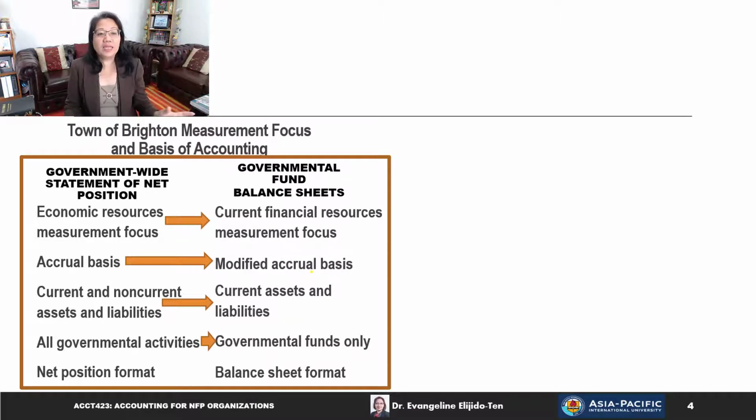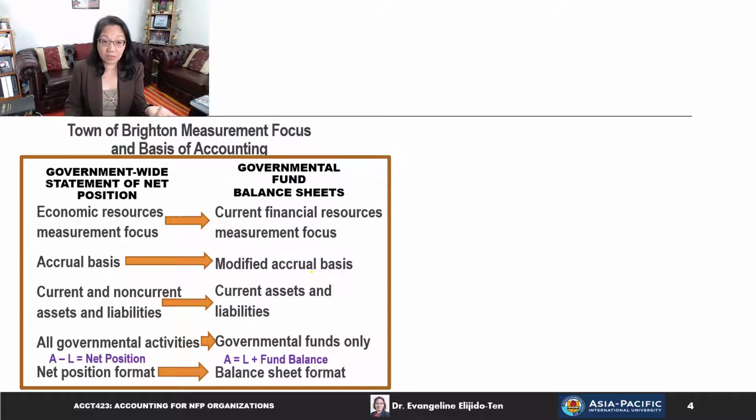All governmental activities are covered in the government-wide, whereas the governmental fund focuses on the governmental funds, whether it is the general fund, special revenue fund, and the like. The net position format is the balance sheet format for government-wide, whereas the governmental fund balance sheet uses the traditional balance sheet format.